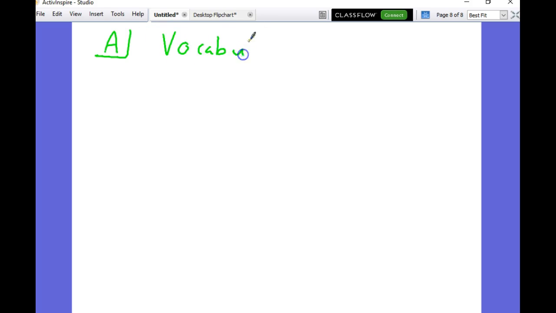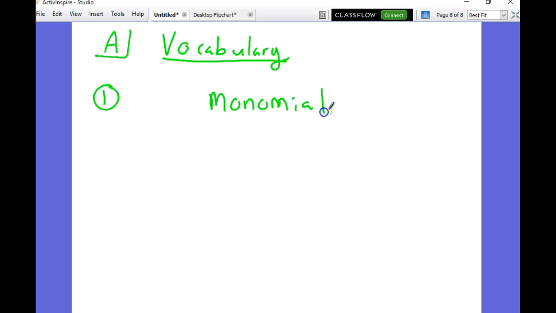When it comes to polynomials, there's a lot of vocab to be aware of. First of all, there's the monomial. Mon means one, and nomial means number. So we're talking about one number, but in algebra, a monomial will have these parts to it.